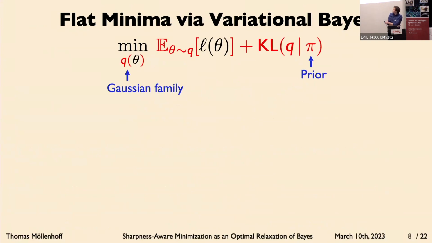So why not search for more than one? For example, you could search for a Gaussian distribution over the parameter space. And then we want all our experts, which we collect in our Gaussian distribution, to have low loss if we draw a random parameter vector from that Gaussian. And if we would just optimize that first term, we would concentrate to a kind of Dirac measure.